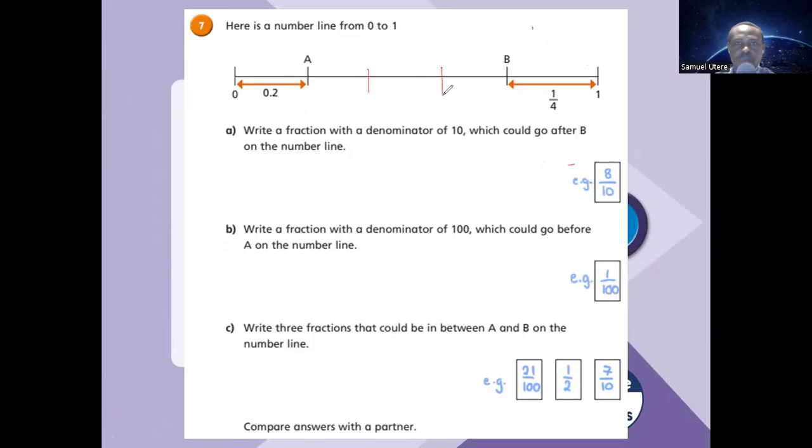We can do that. So 1, 2, 3, 4, 5. So this could be 0.2, 0.4, 0.6, 0.8, and then 1. Okay, let's move on.